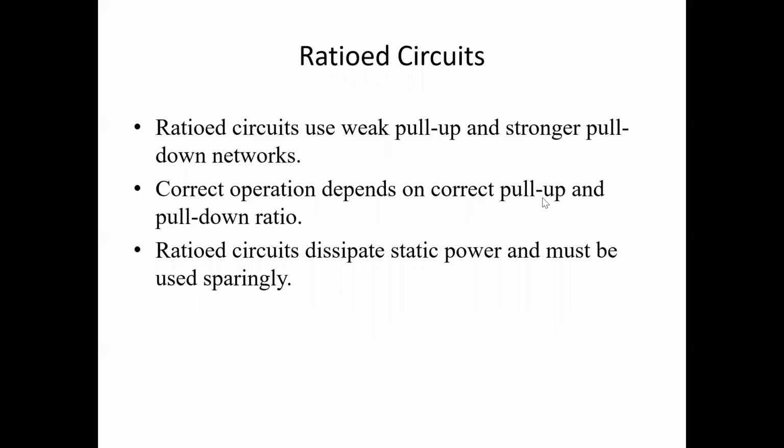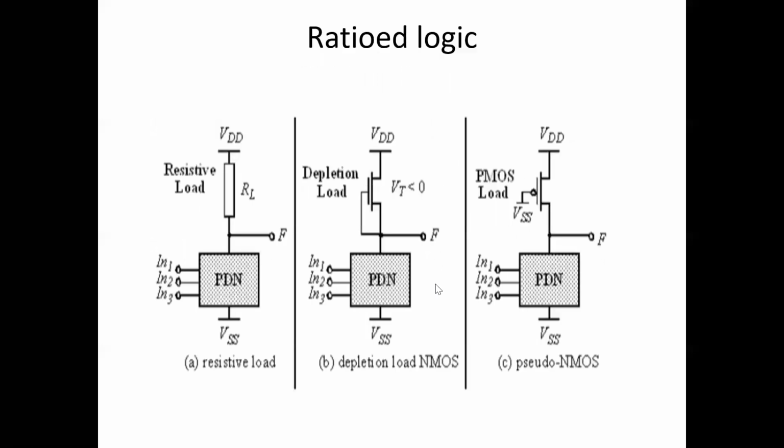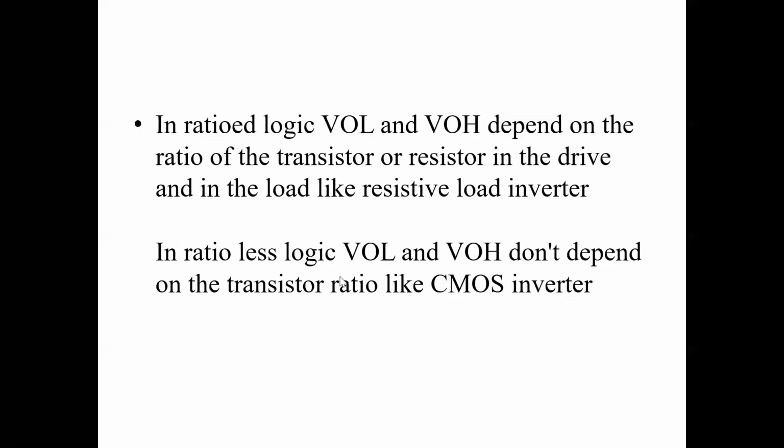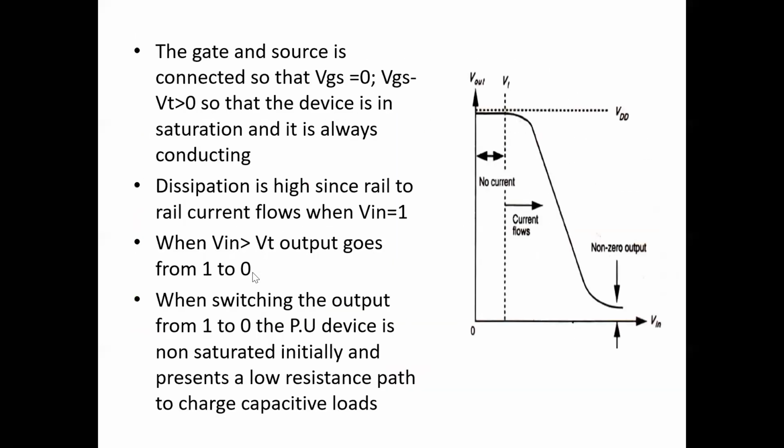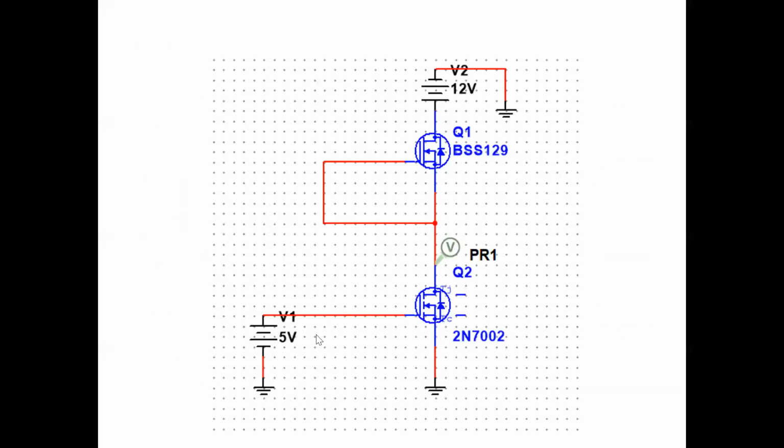Then, what is ratioed logic? See, in this case, where we have the depletion type, when Vin is 1, this transistor is on and this transistor is also on.